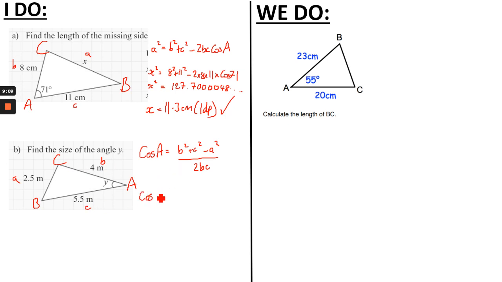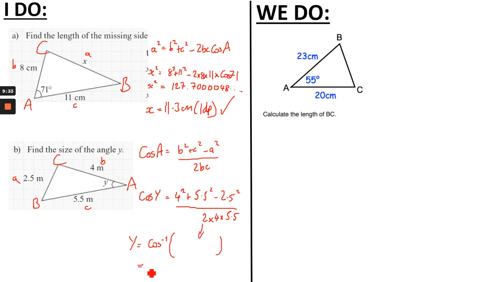So cos y is equal to 4 squared plus 5.5 squared subtract 2.5 squared, all divided by 2 times 4 times 5.5. So to work out y, we need to do cos to the minus 1 of all of this.